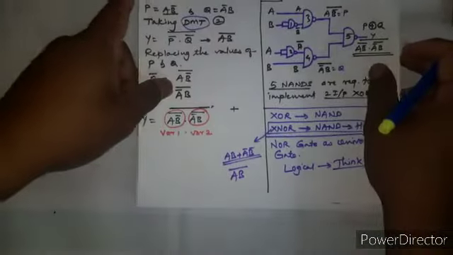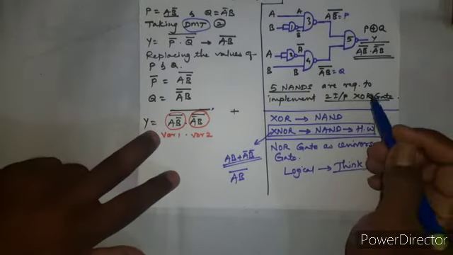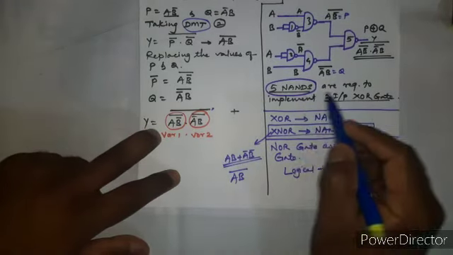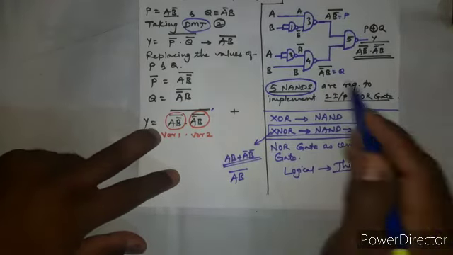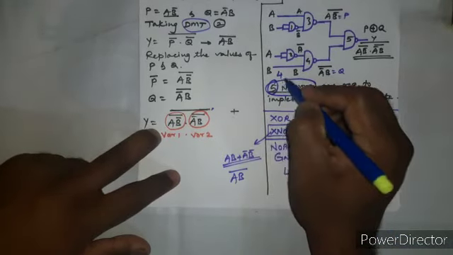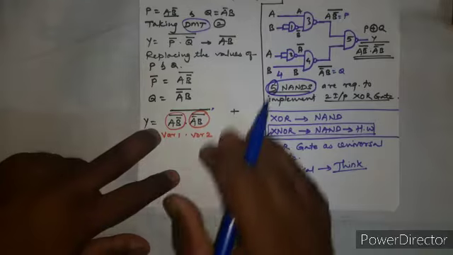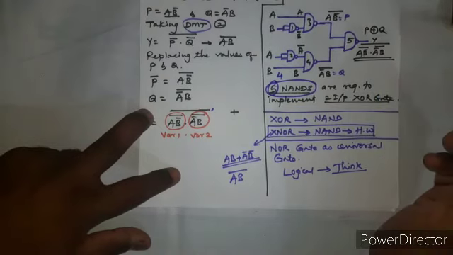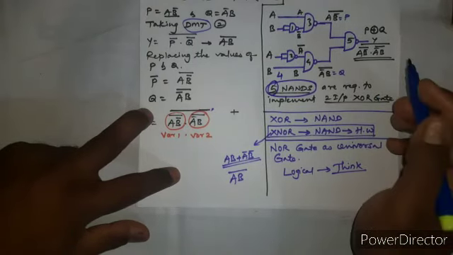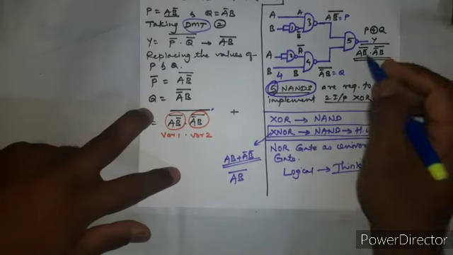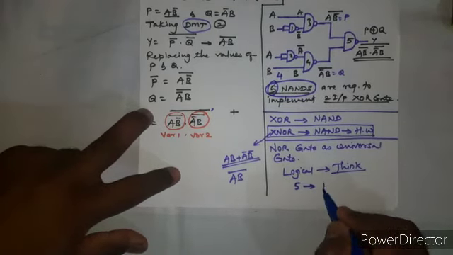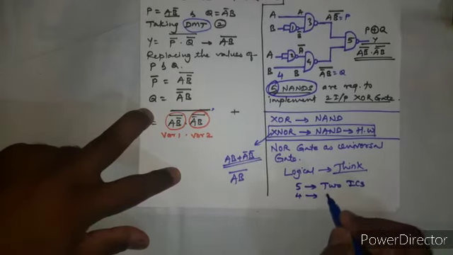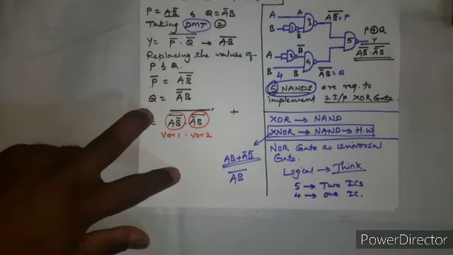So this is what I discussed. This 1 2 3 4 5, so 5 NAND gates. I said 5 NAND gates are required to implement a 2 input XOR gate, but here it's not 5, it can be 4 if we look into it. I was just going through this, and I thought how it can be reduced further. If we want to take 5 gates, then 2 ICs are required, and if we take 4 gates, then only 1 IC is required, right?